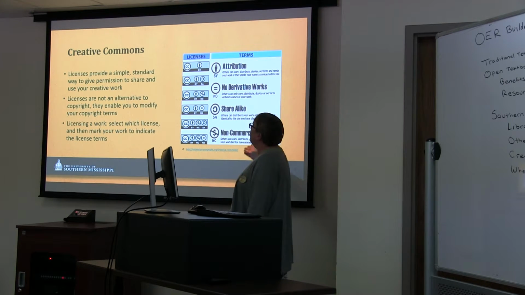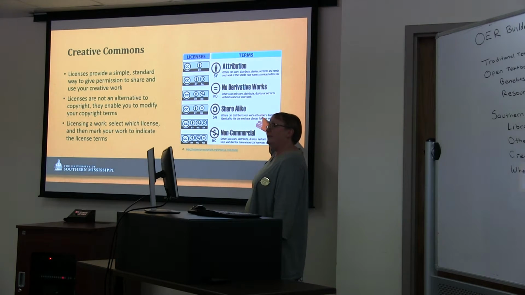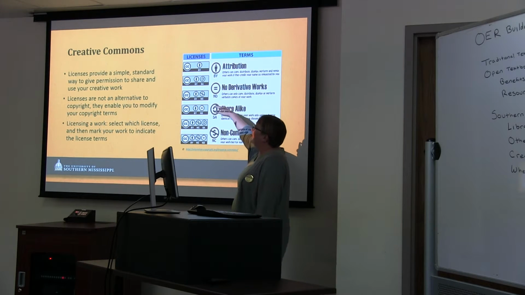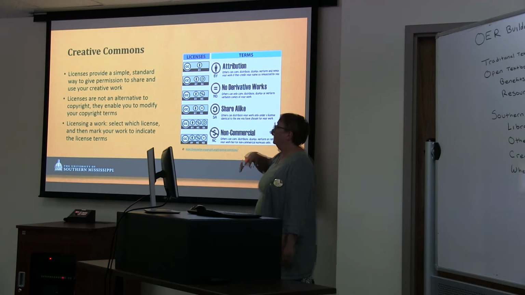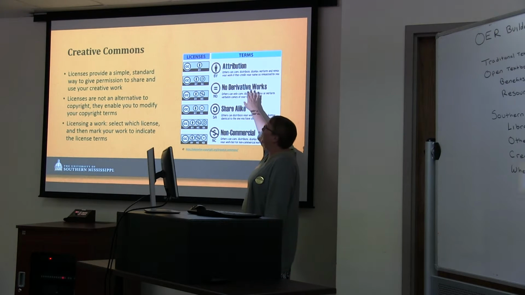And the first one is the attribution one, and that's just giving somebody credit. It's even called CC BY, so it's by Ann Hudson. So it's just that I created it, I don't care if you use it, change it, copy it, distribute it, whatever you want to with it, as long as you say that Ann Hudson created it.